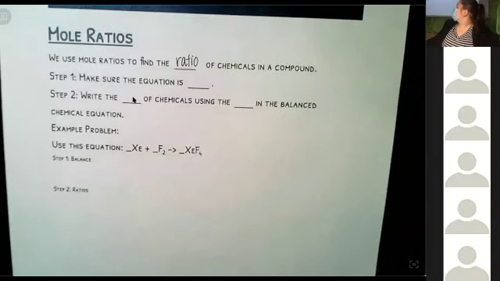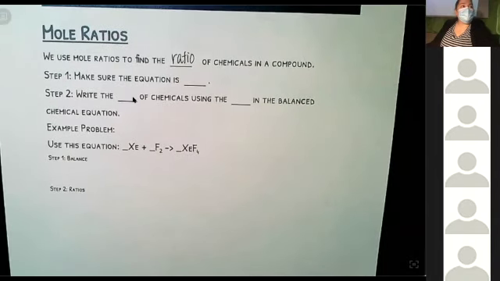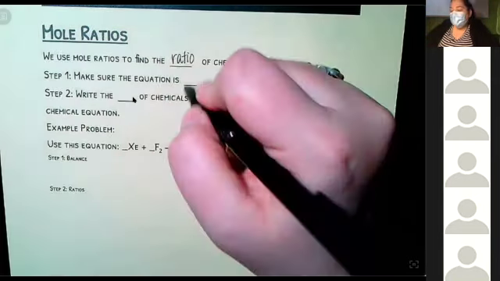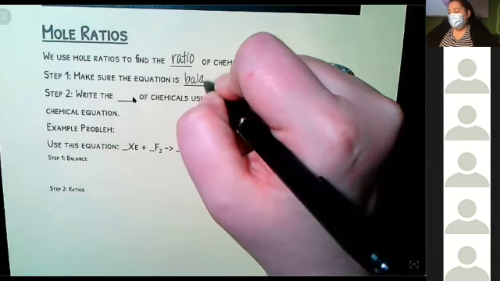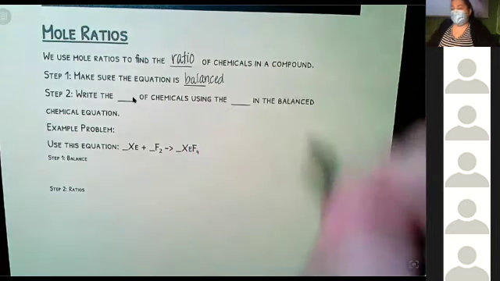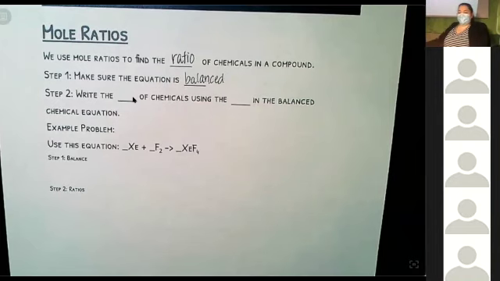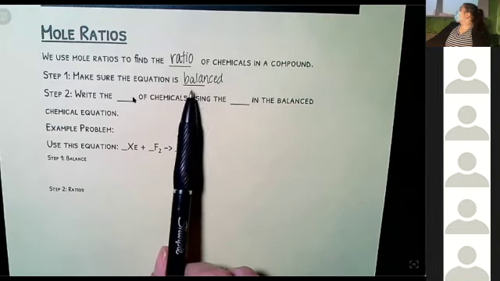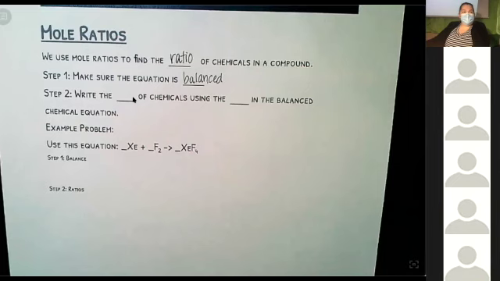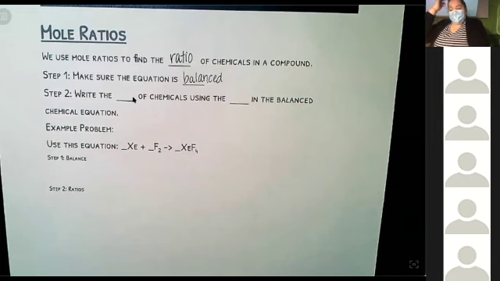Okay. So we got some pretty simple steps for mole ratio, which is really nice. And the first one is for step 1, we need to make sure that the equation is balanced. Got to have a balanced equation. Then step 2, and the steps aren't going to make sense, at least step 2 won't until we start doing it.